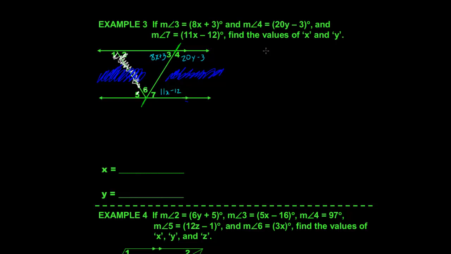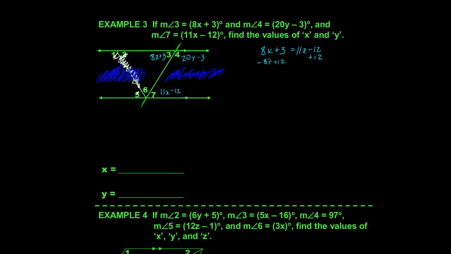So I can set my angle 3, which is 8x plus 3, equal to my 11x minus 12. Now, let's move over. I'm going to move my 12 to this side.